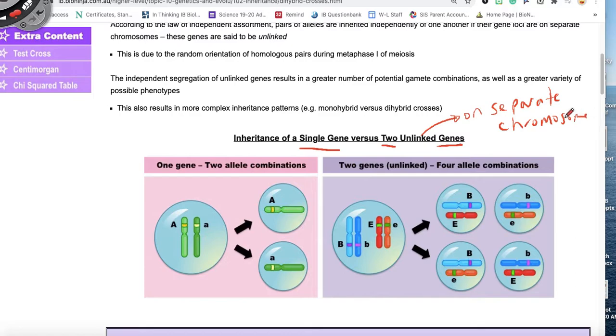Okay. So here we just see one gene, and we call that gene A, and perhaps that gene could be a pea plant characteristic for color, or it could be for brown eyes, blue eyes, whatever you want to call it, right? So one gene for, let's say, hair color has 2 possible alleles.